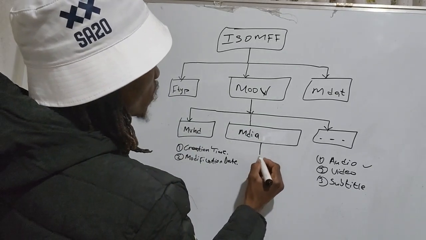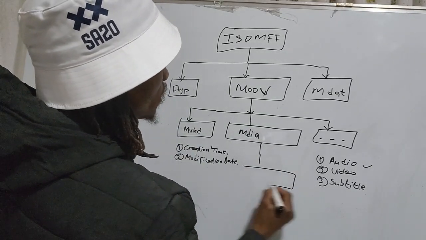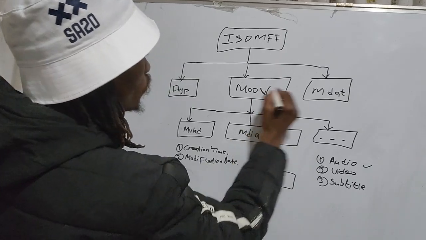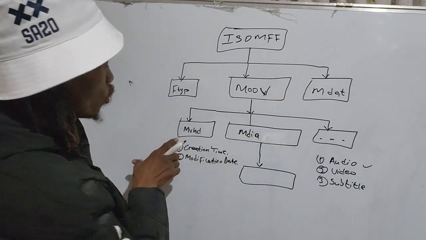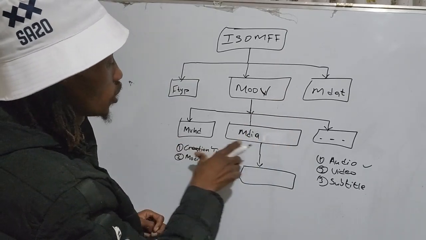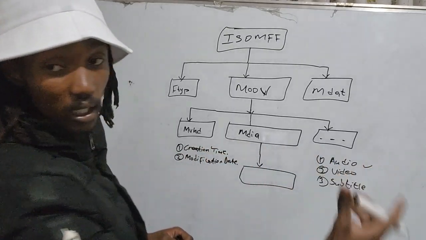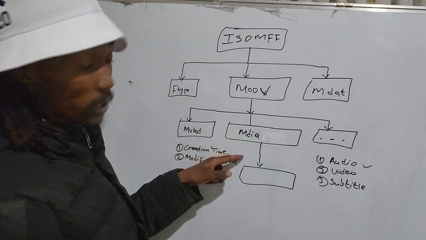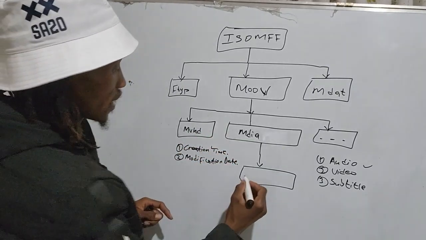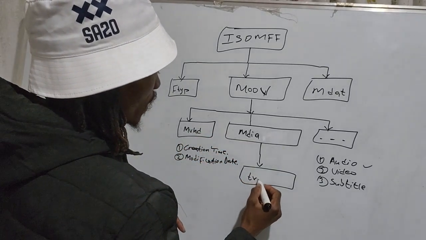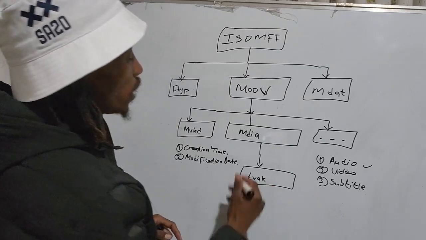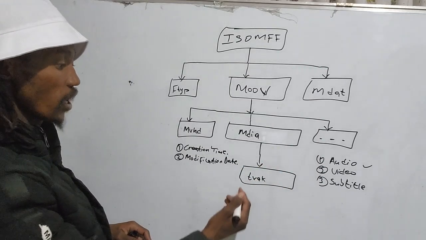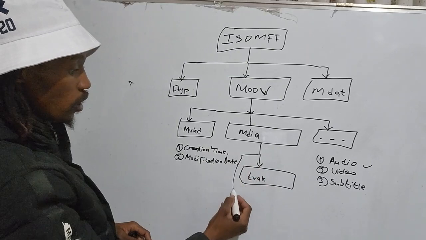But objects such as media are container objects. Move is one of the container objects because it contains MVHD, media, and other objects. But we're going to look at this one. Media is also a container object, and inside media you are able to get a track. Depending on the number of tracks in this MP4 file, you will get multiple tracks.